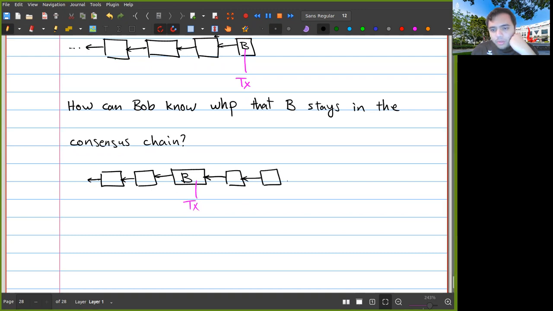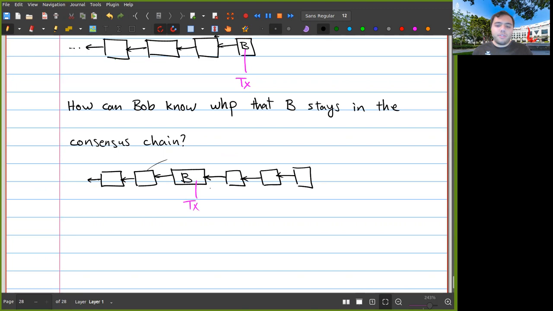And the more blocks are added, the harder it gets to create a fork that doesn't include B. Because now if someone wants to do a fork that doesn't include B, they have to start from here or somewhere further back. And they have to create the longest chain. So they have to, in this case, generate 5 valid blocks.